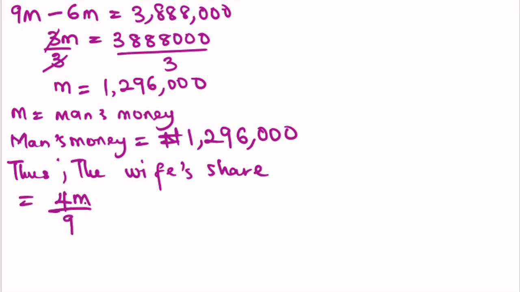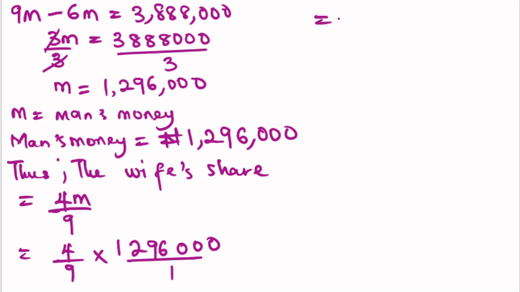Now we've gotten the value of m, so this is 4 over 9 times 1,296,000. So let's put this as over 1. So we're going to multiply 4 times 1,296,000, which gives us 5,184,000, all over 9 times 1, which is 9.